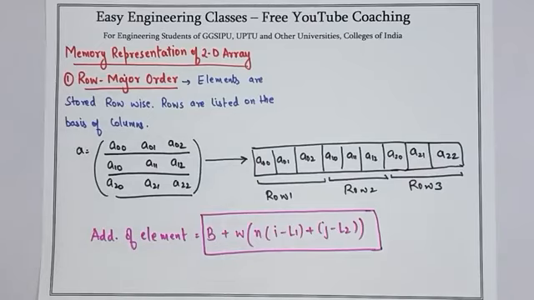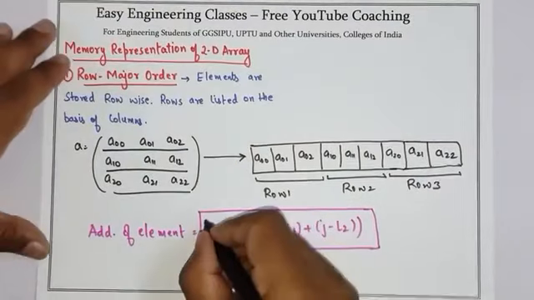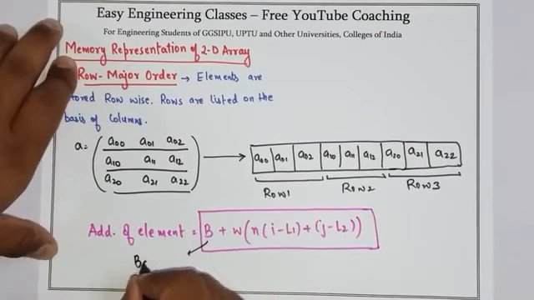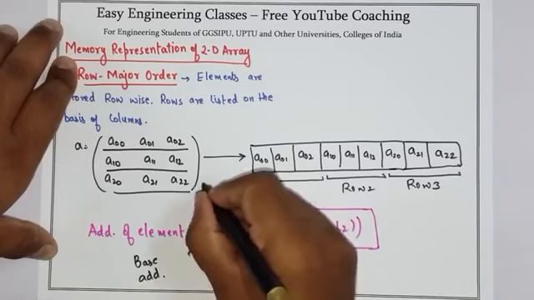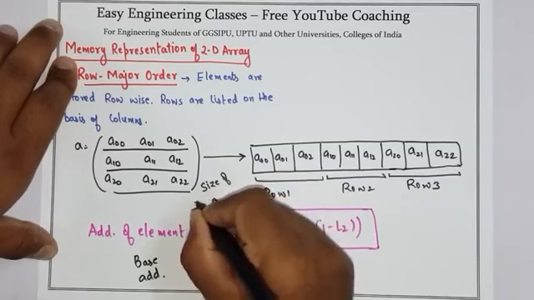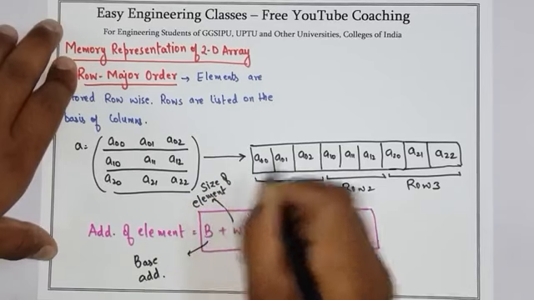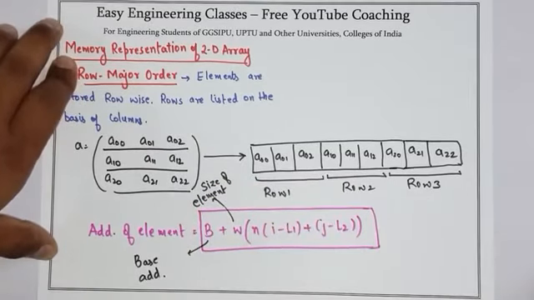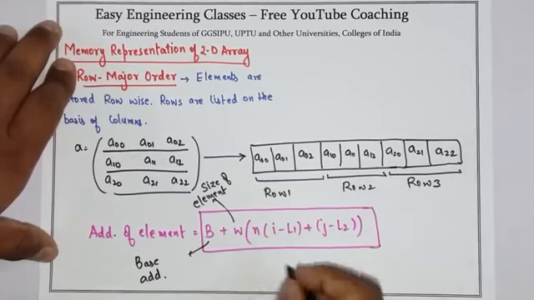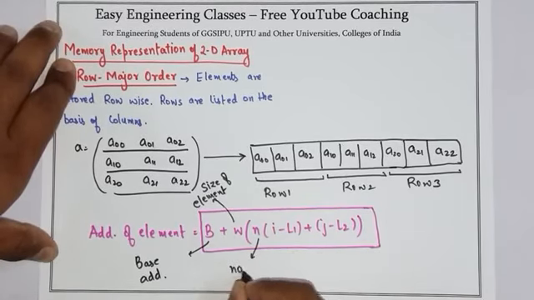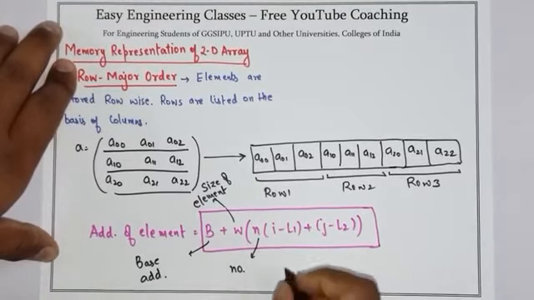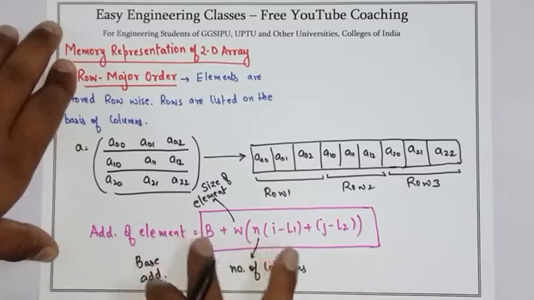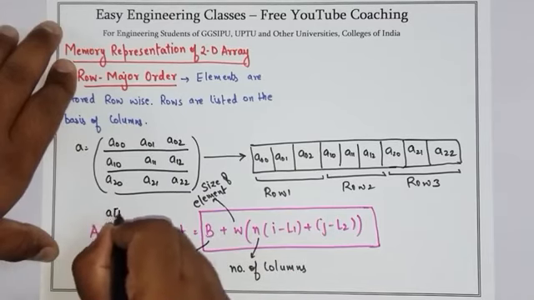Now we will see what each of these terms represents. So B is the base address, W is the size of the element, and n is the number of columns. Here n is the number of columns. Suppose we are finding the address of Aij.